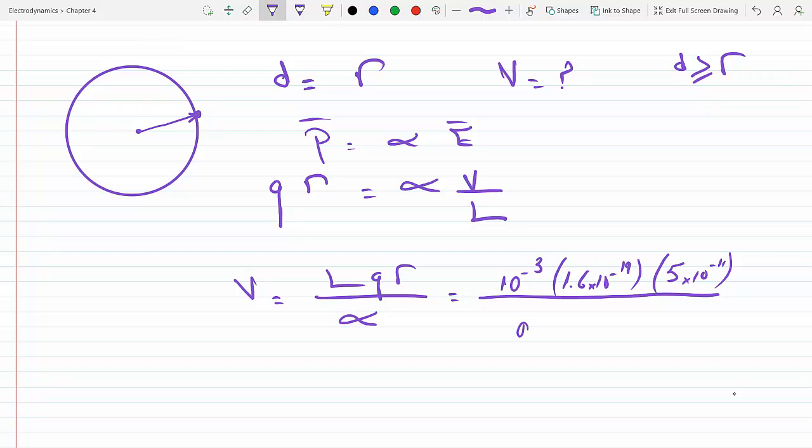Alpha is 0.667 times 4 pi epsilon, which we already know, times 10 to the minus 30.